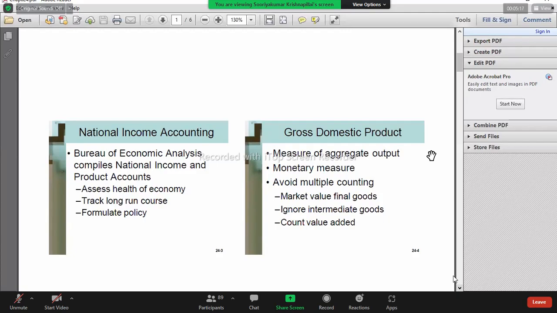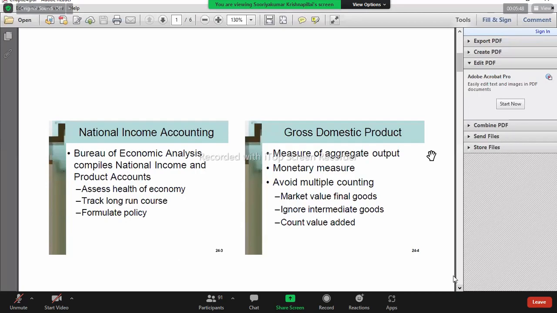When we calculate this GDP, we should avoid multiple counting. When you buy bread, that is the final good, made from wheat, then flour, then the bakery cost, and then we get bread.